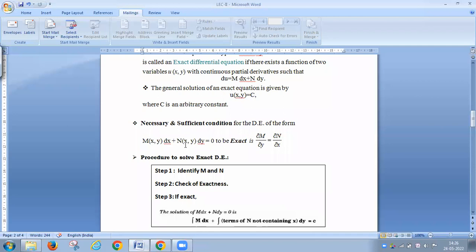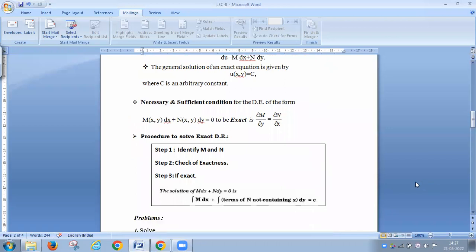That is, we look at the terms in n which are independent of x and integrate those terms with respect to y, and equate it to some constant c. So the solution is given by integral m dx plus integral of terms in n which are independent of x, dy, equal to constant c. This is the procedure to solve exact differential equations. Now look at the problems regarding this.